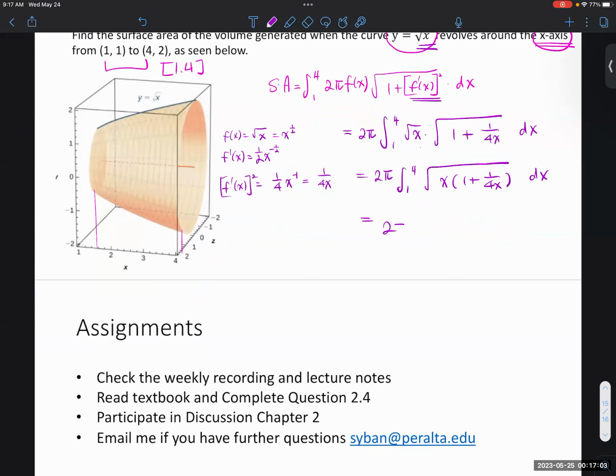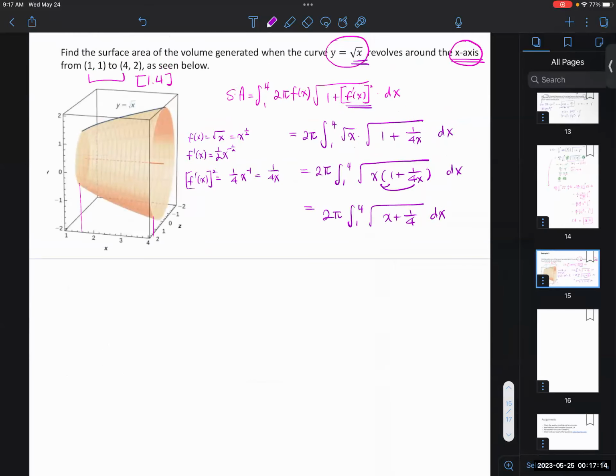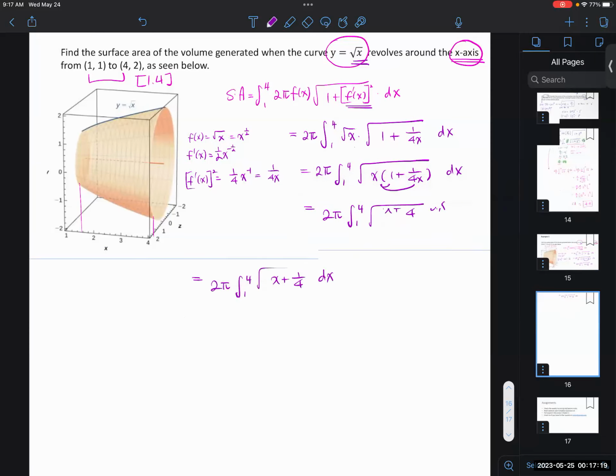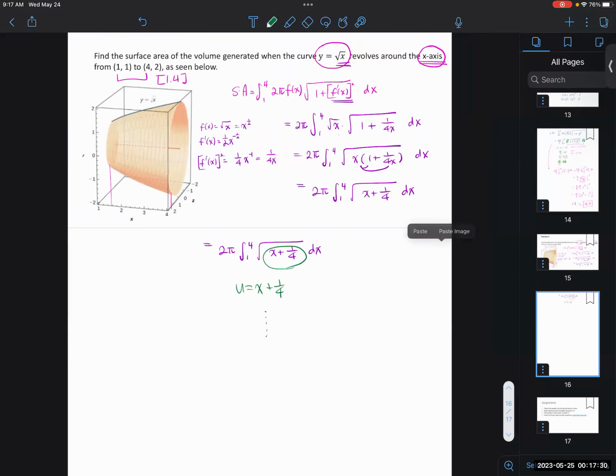So now 2 pi, from 1 to 4, radical of x plus 1 over 4 dx. We did a similar question. So now I'm going to copy this. You are going to use substitution right there, x plus 1 over 4, and then you can finalize the answer. We did the same question above, so check it out. You can finish up the rest of the work yourself. Try.